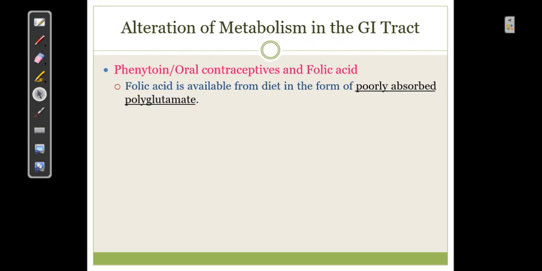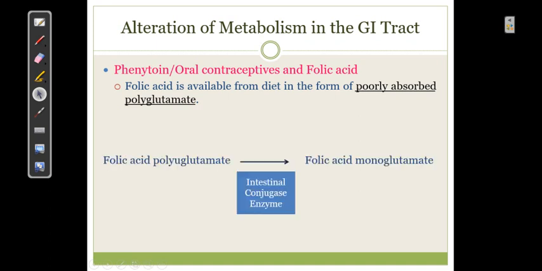In the intestine there is an enzyme called intestinal conjugase. This intestinal conjugase converts folic acid polyglutamate to monoglutamate.